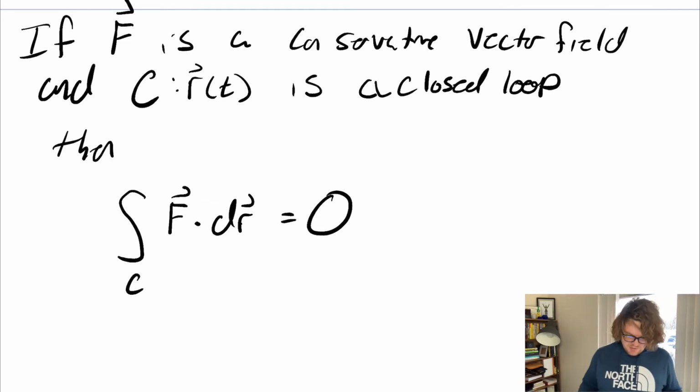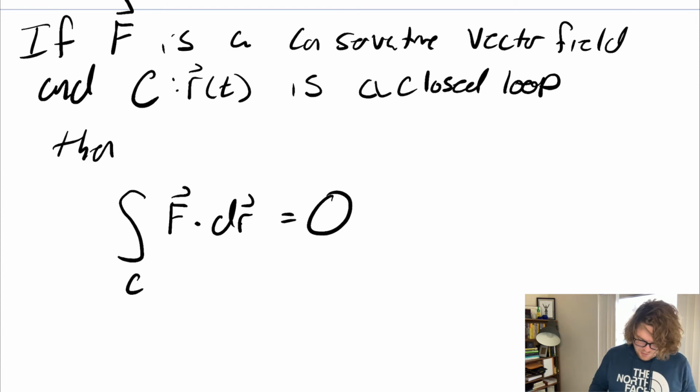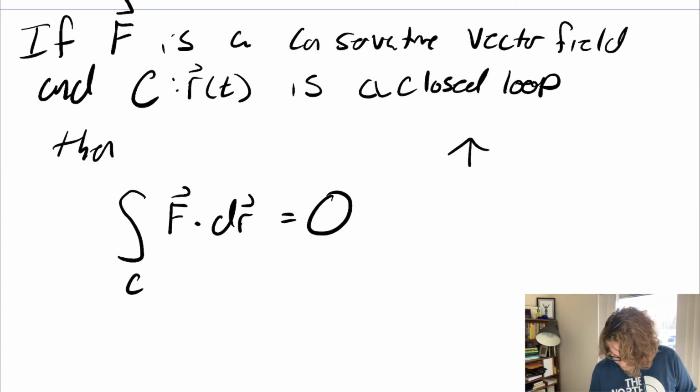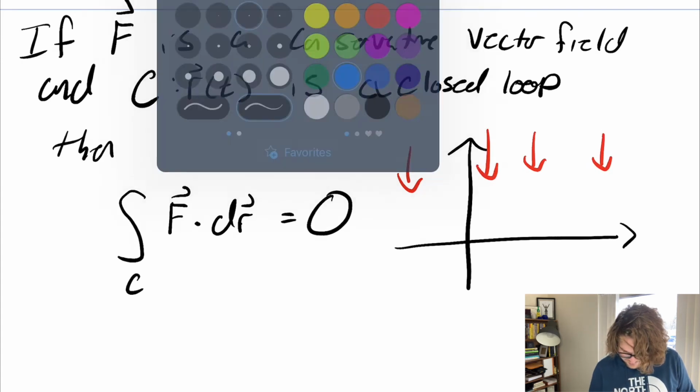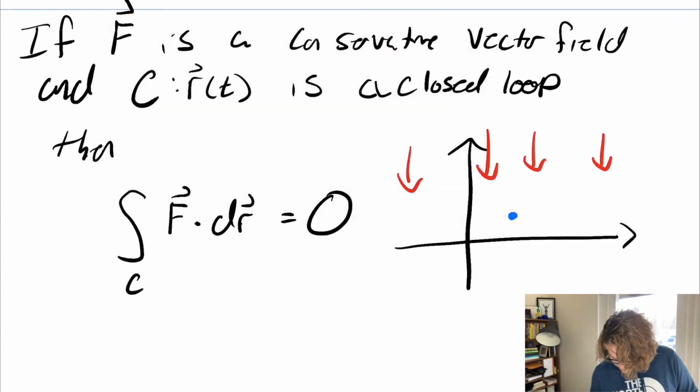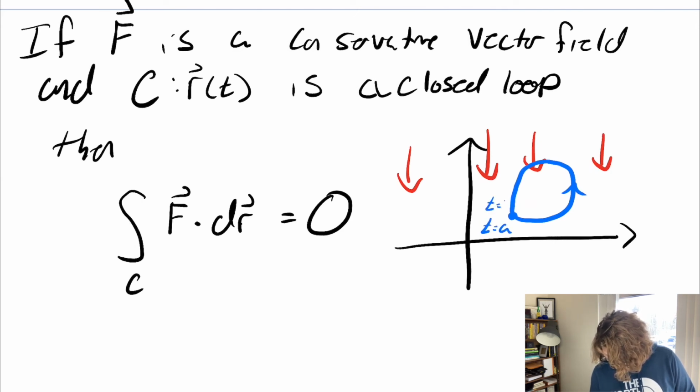And you can kind of see why that's going to be, because if we're integrating over a closed loop, say we have a conservative vector field, I'll draw a couple of vectors in here. Maybe we're thinking about our downwards force vectors. And we want to move a particle along some closed loop. So we'll let this correspond to t equals a, we come all the way back around, and we'll let that same point correspond to t equals b.